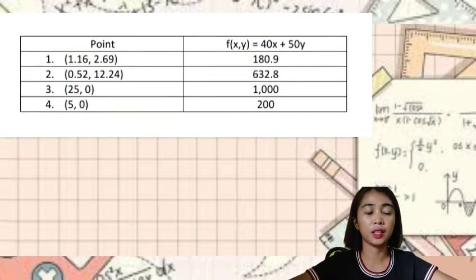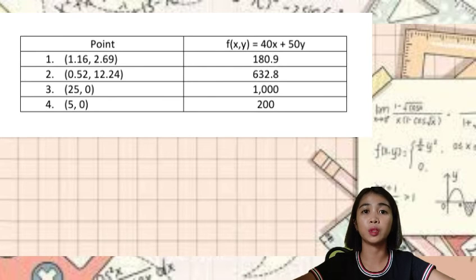So the last part is we will substitute the value of our extreme points to the objective function. First, 1.16 and 2.69 is equal to 180.9. Second is 0.52 and 12.24, which is equal to 632.8.